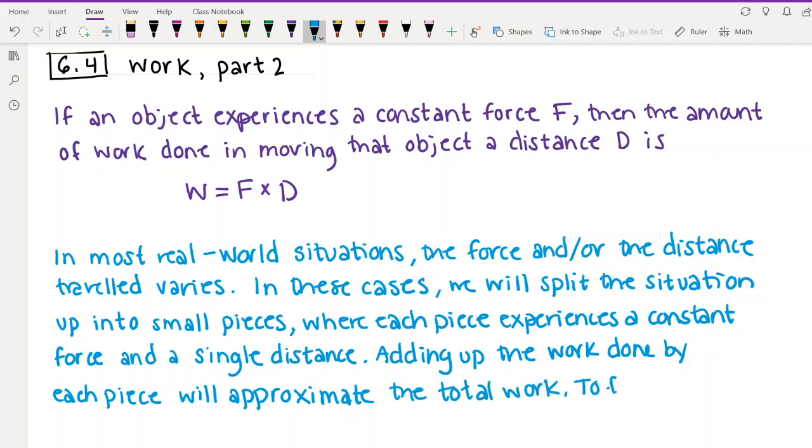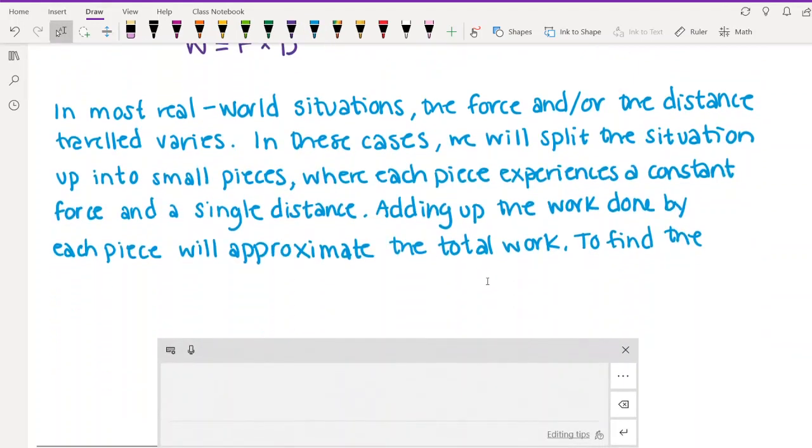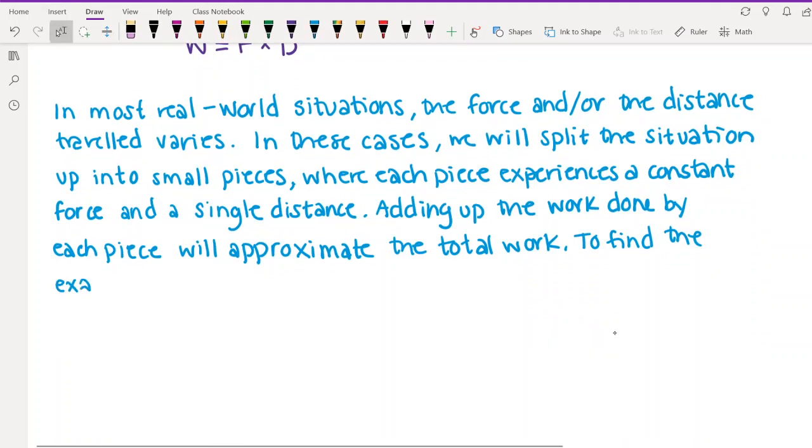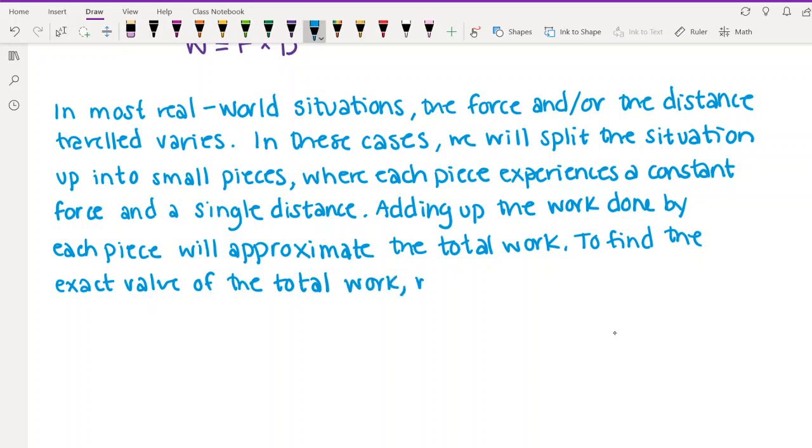And to find the exact value of the total work, instead of just adding these things up, what we're going to do is turn it into an integral. I know this is, again, kind of vague, but I wanted to give you a general idea of what we're going to be doing, because in some ways the two examples we're going to do are somewhat different, but this unifies them. What I wrote down here is basically a way to describe how to approach any work problem.